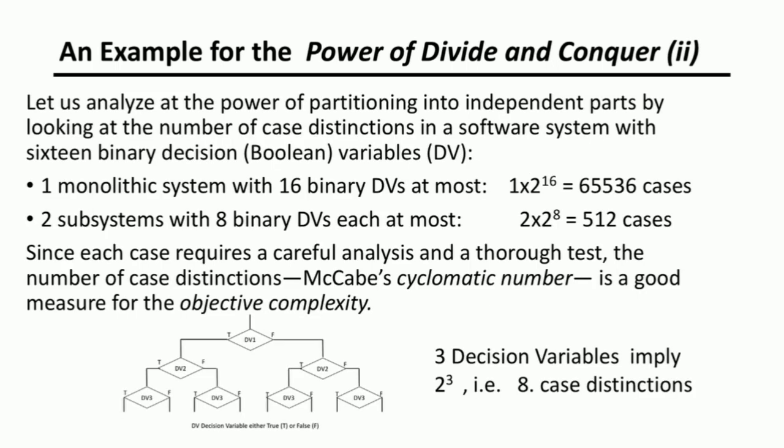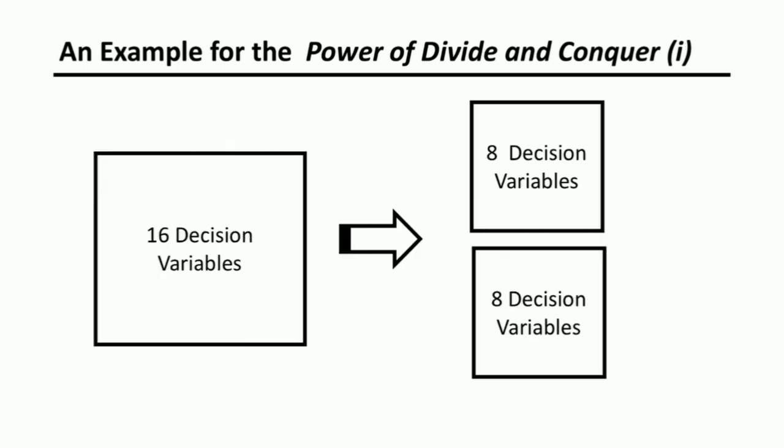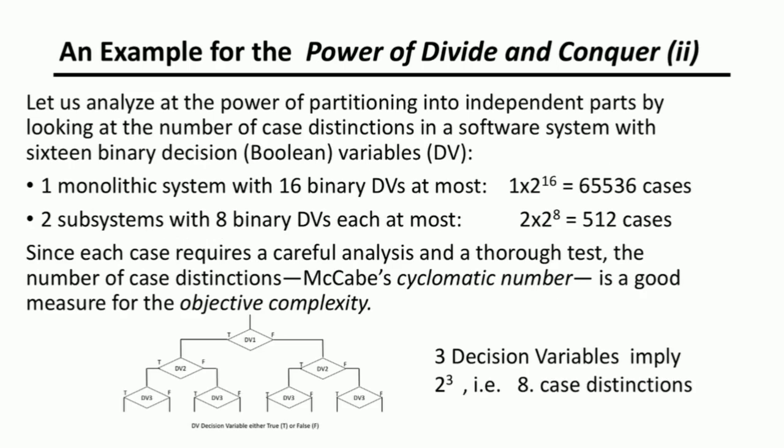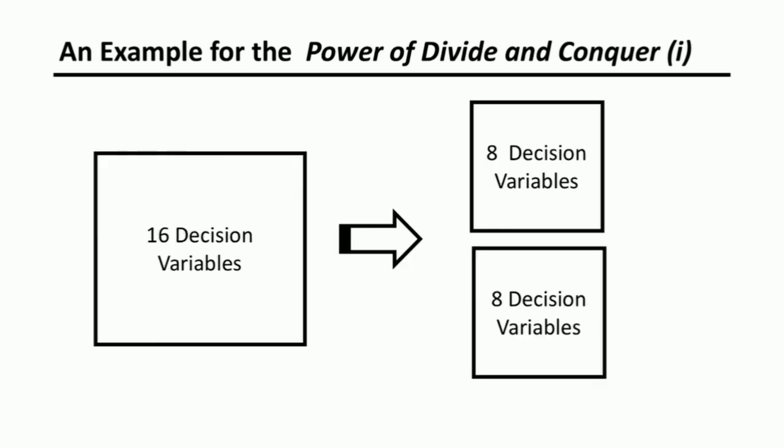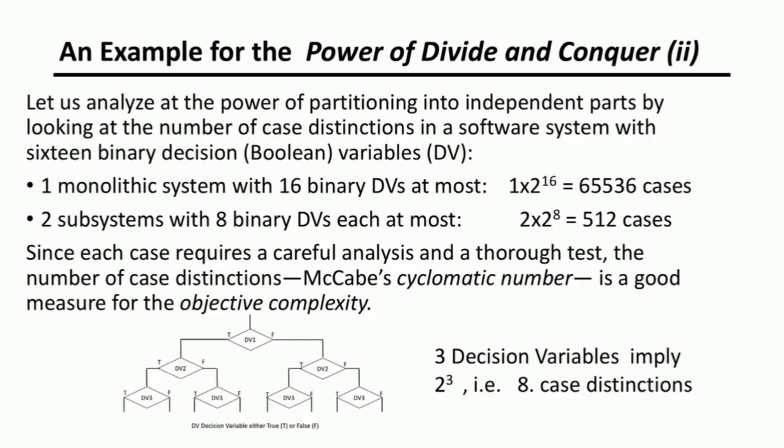And that's quite amazing. It was amazing to me when I did this example. If we have the one large component with the 16 variables, we have 65,000 different paths through this component. And if we have the 8 decision variable components, we only have 512 cases to distinguish, 2 times 256.